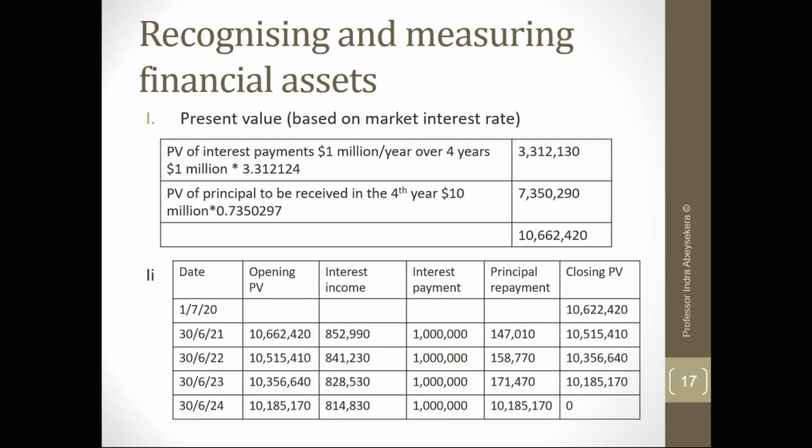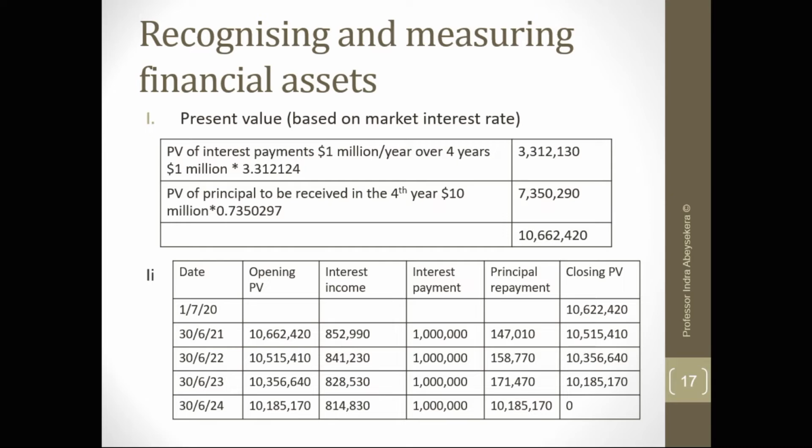So based on this, in part 2, we prepare a schedule. Our opening balance is the acquired amount. And then there is the interest payment, or the interest received by the acquirer based on the contract, and that's 1 million. It's a constant amount across years.